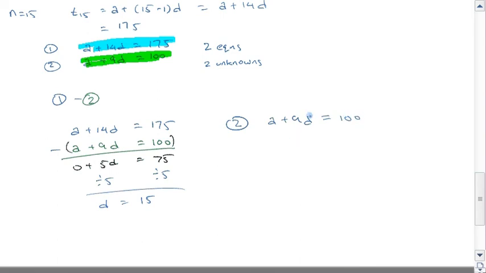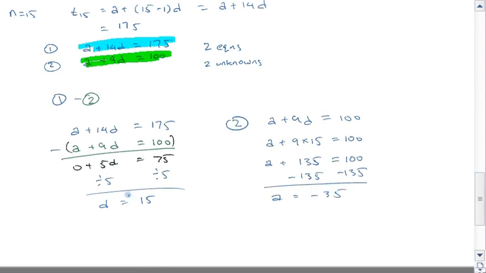We just found that d is equal to 15, so this becomes a plus 9 times 15 is equal to 100. Right, we can simplify this. 9 times 15 is 135, so a plus 135 is equal to 100. So now I can subtract 135 from both sides and get a is equal to negative 35.